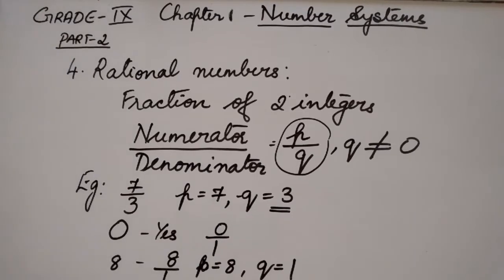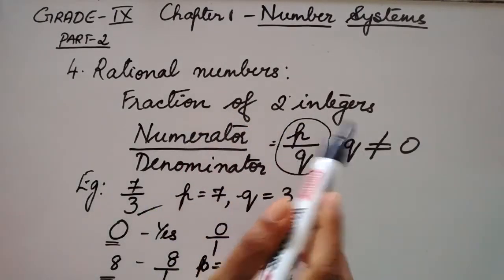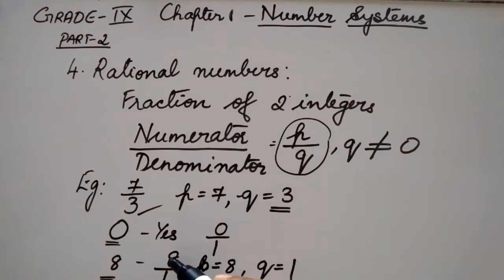Isn't it, students? Yes. So 8 is an example of a rational number, 0 is a rational number, 7 by 3 is a rational number, half, 1 by 2, is a rational number. It is written as a fraction of two integers, that is 8 by 1. So 8 and 1 are integers, isn't it? They are positive integers, as we have learned in the last class. Also, we can write a negative number.